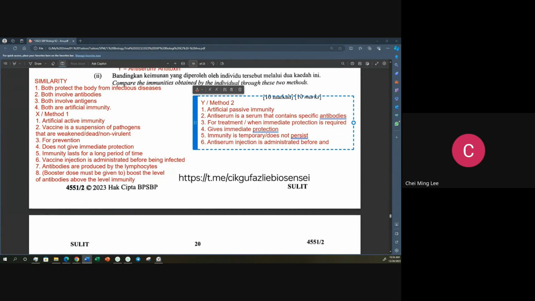So the antibodies are obtained from the anti-serum.